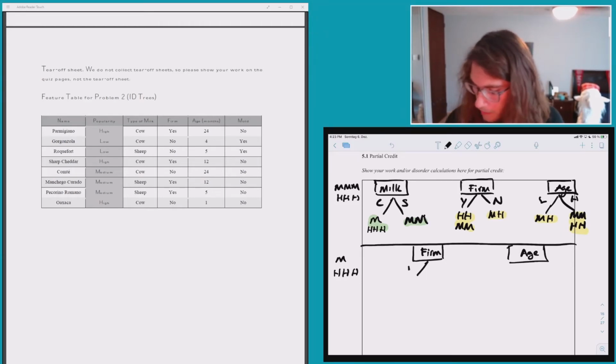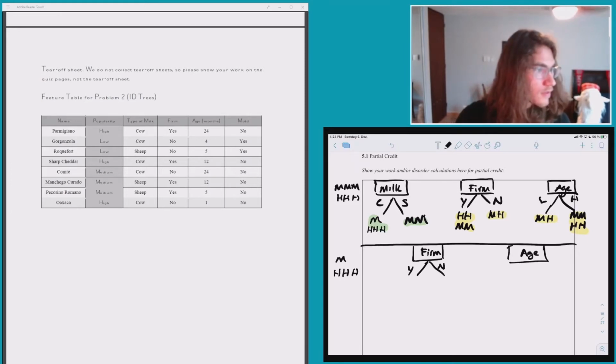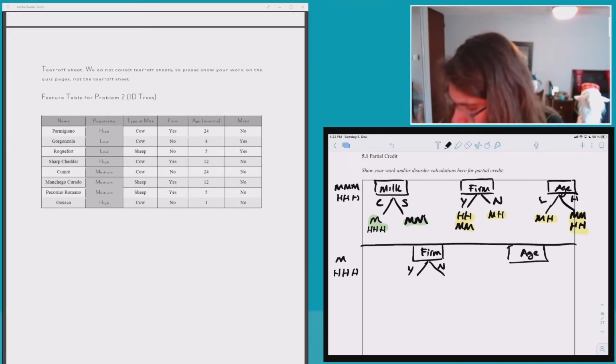So for firm, for yes I have, see, 2 highs that are cow milk. And then suffice to say that for no, the remaining points.